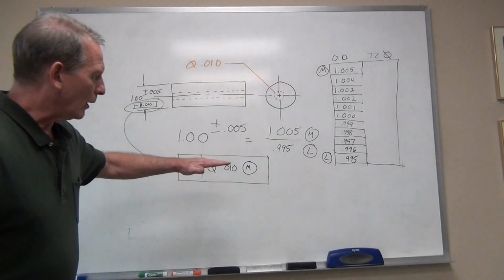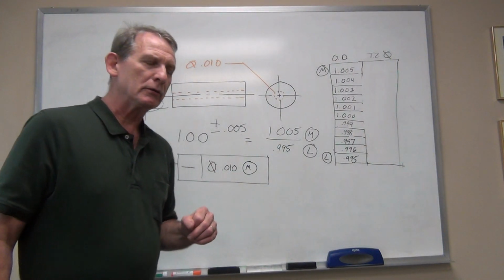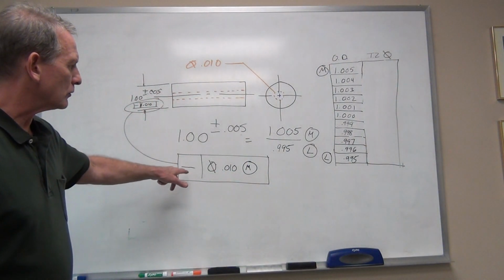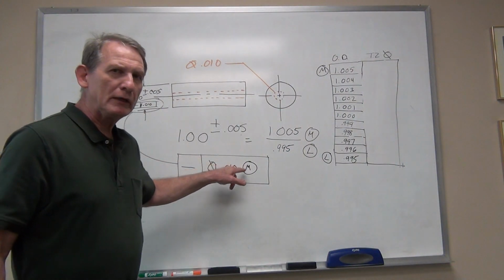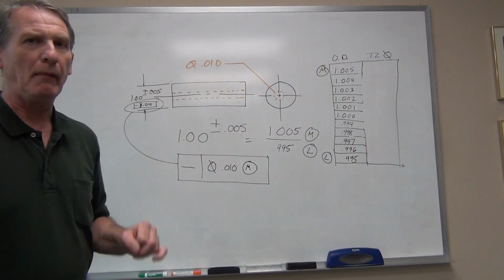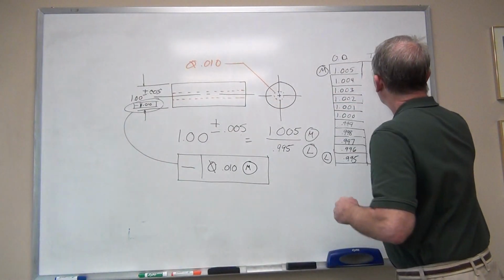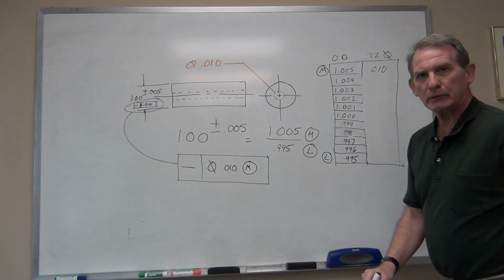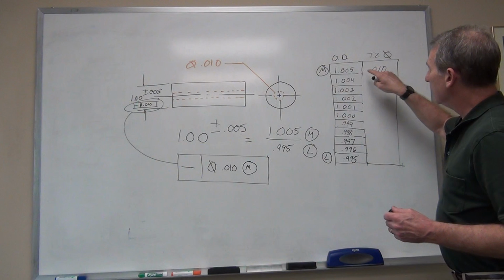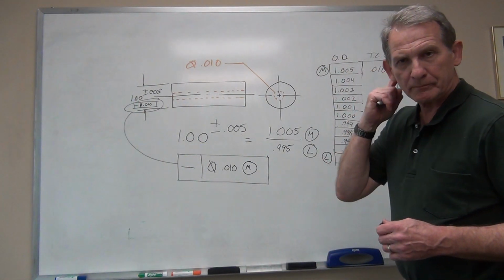Okay, now the way to read this when you see that material condition modifier is, I have a straightness tolerance zone of 10 thousandths diameter when the shaft is at maximum material condition. Okay, that's easy. When that shaft is at maximum material condition, the diameter of the tolerance zone will be 10 thousandths.